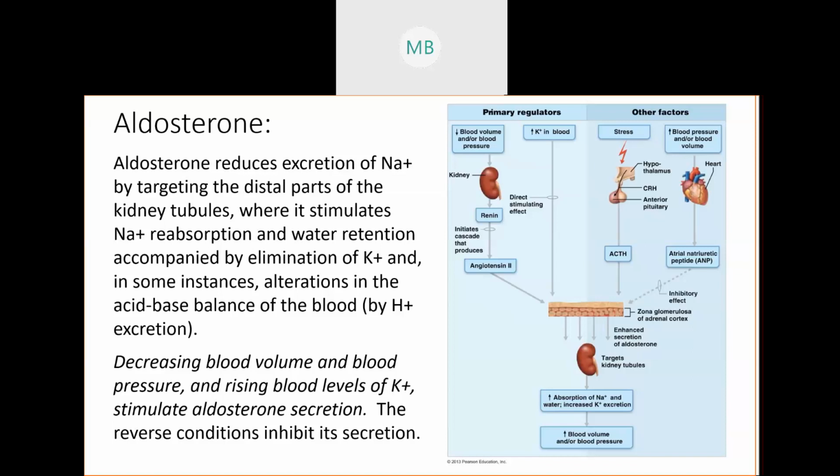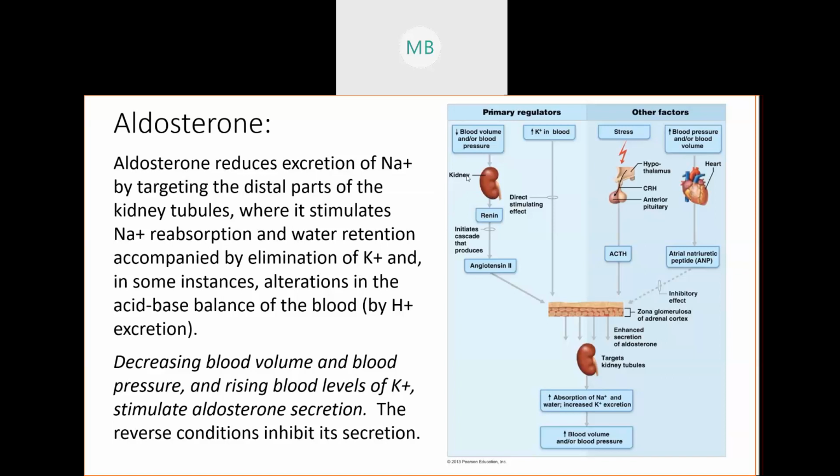And that in return is going to allow your blood volume and blood pressure to increase or rise, because remember, sodium makes your blood pressure and the volume of your extracellular fluid and your blood increase. So aldosterone is going to make all of this go up because your body told it to release renin and angiotensin.